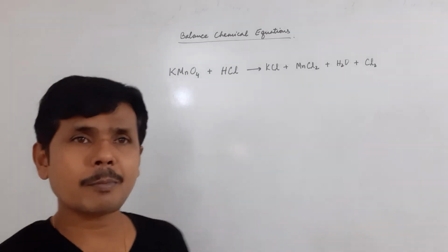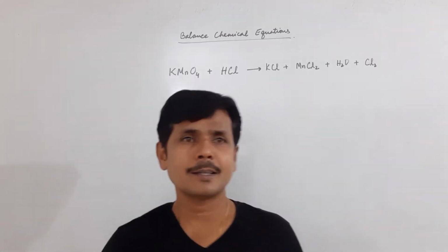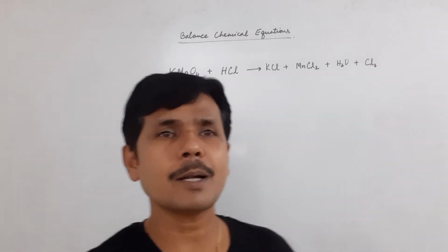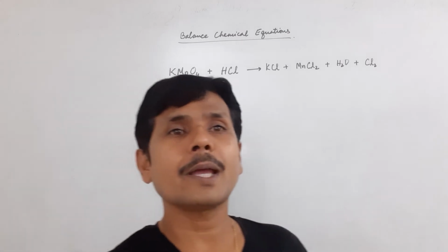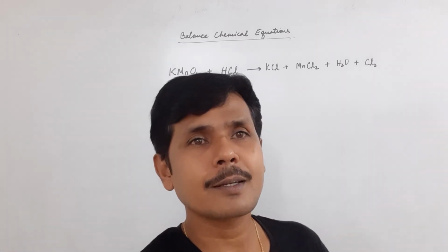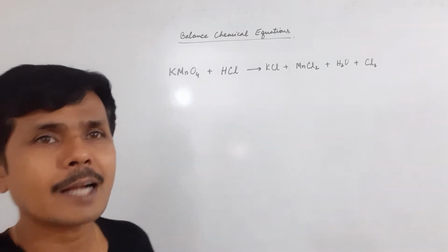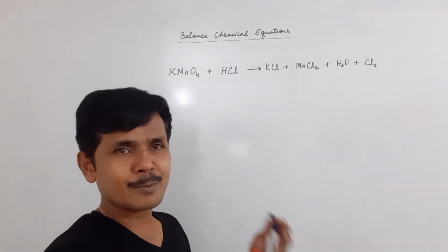I know most of you might know how to balance it, but look at the way I am going to teach you today. Hope you will like it at the end of the explanation.